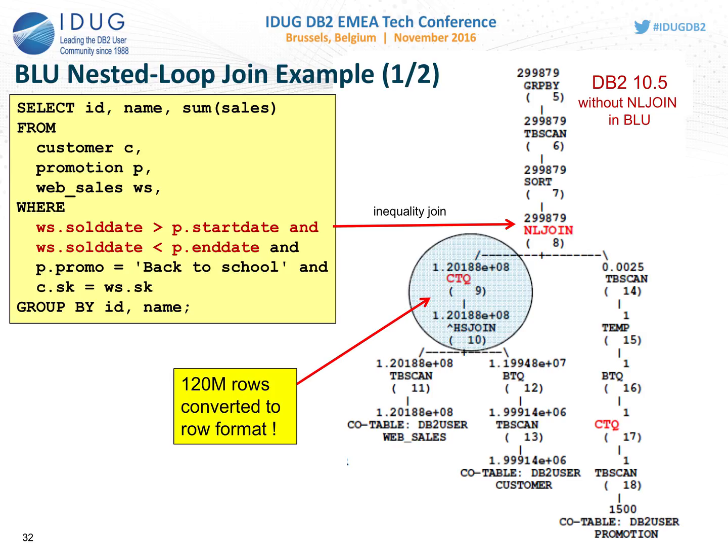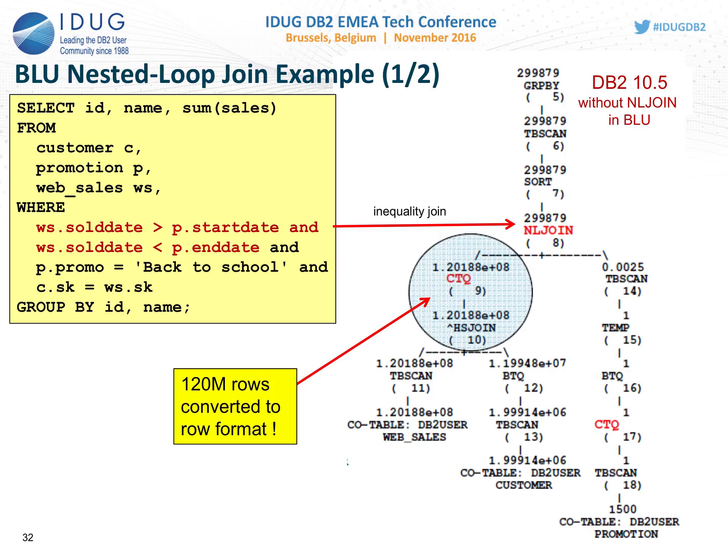And in DB2 10.5, what the execution plan would show is that that nested loop join that needs to happen here has two input legs, and both of these legs would have a CTQ operator to convert both sides of the join to row organized format and then do the nested loop join in the traditional row oriented manner. Of course, that means you are not using the BLU optimizations anymore at this point.